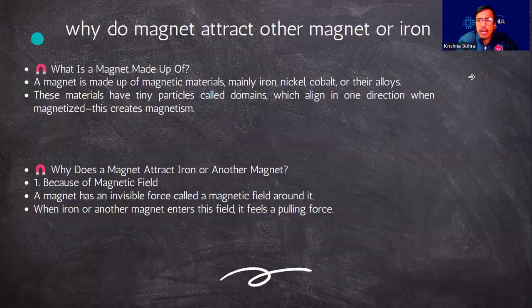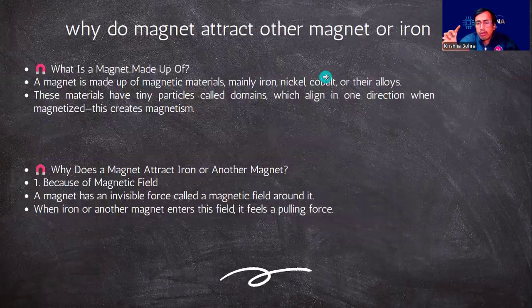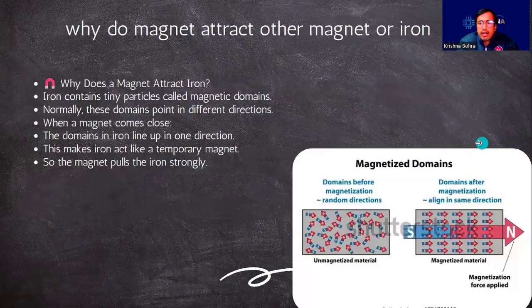So let's understand a mysterious question: why do magnets attract? What actually happens inside that magnet? We are looking at the molecular level. What exactly happens at the molecular level and why does the magnet attract? You know every material is made up of atoms, right? An atom has electrons, and an electron has two kinds of motion, rotation and spinning.